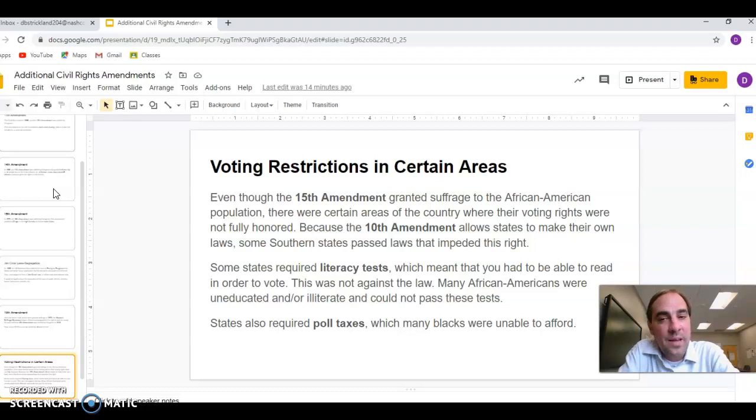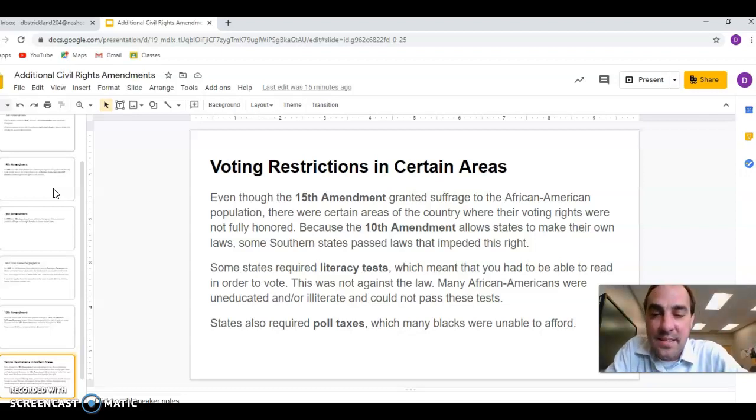Even though everybody had the right to vote, though, there were certain areas that placed restrictions on this right. Now, if we go back to the 10th Amendment, which we discussed in the Bill of Rights, the 10th Amendment said that states could pass their own laws so long as they didn't violate the Constitution. Well, some states got a little creative with this and thought of ways to restrict the people of color from voting.